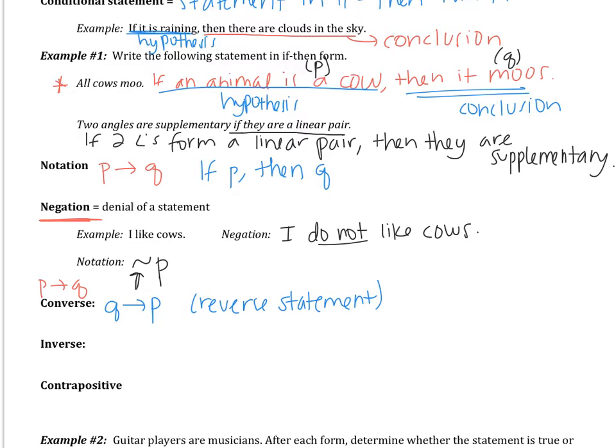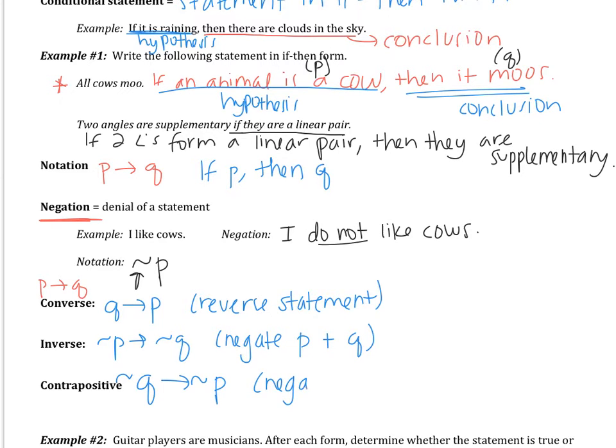The inverse is I negate both P and Q. And then the contrapositive is the converse and the inverse put together. So I'm going to reverse the direction and negate. Contrapositive is negate and reverse.